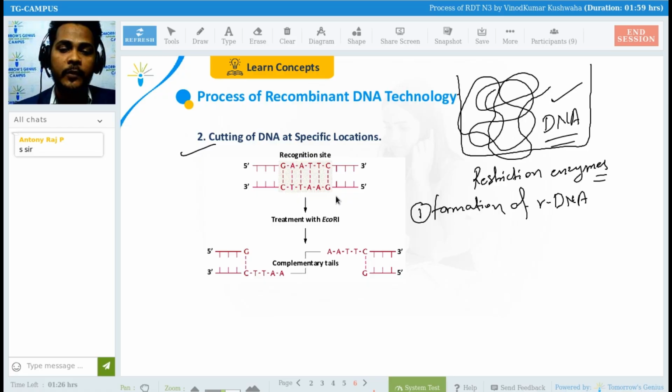After cutting the source DNA and the vector DNA with the specific restriction enzymes, the cut-out gene of interest from the source DNA and the cut vector are mixed and DNA ligase is added.